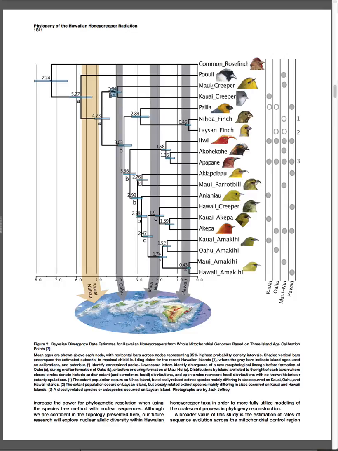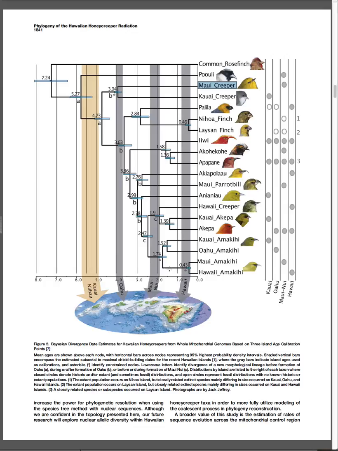I'm substituting Oahu creeper because they are almost identical in terms of sequence. So we assumed that the Maui creeper was the Oahu creeper and then applied the date for Oahu to this node. We did some tests to make sure that that was a valid assumption.